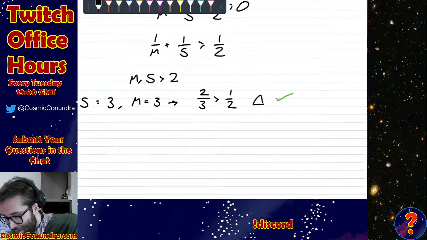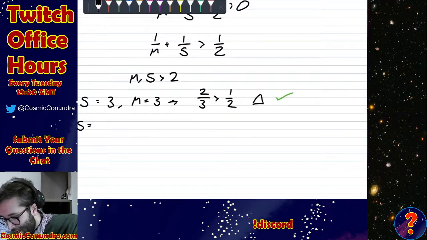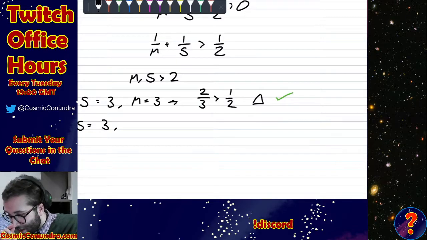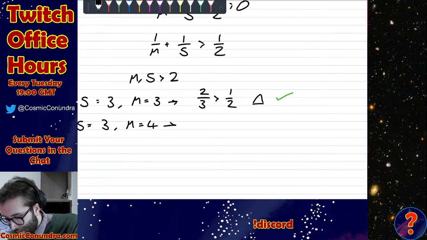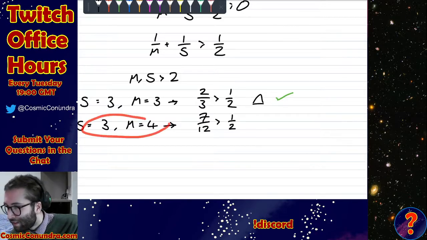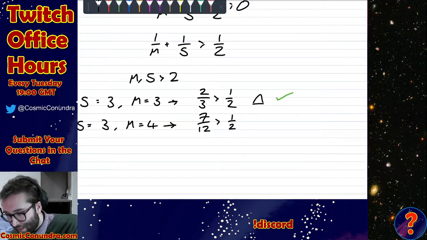So that is allowed. Well, let's try another triangular faced one, but now let's try 4 triangles meeting at a vertex. Okay, so now you've got a third plus a quarter, which is 7/12. And again, that is greater than a half. So now you've got 4 triangles meeting at a single vertex on this shape. 4 triangular faces.